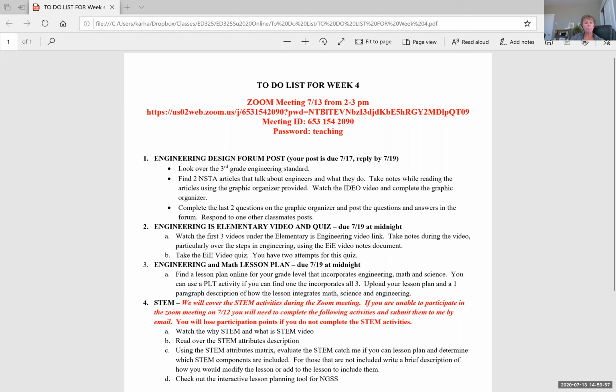And then the last thing is you're going to try to find an engineering and math lesson plan for elementary. You can look at NSTA, or just go on Google and find one. The more components of STEM it has, the better, but what is required is that you find one that has at least engineering and math combined.